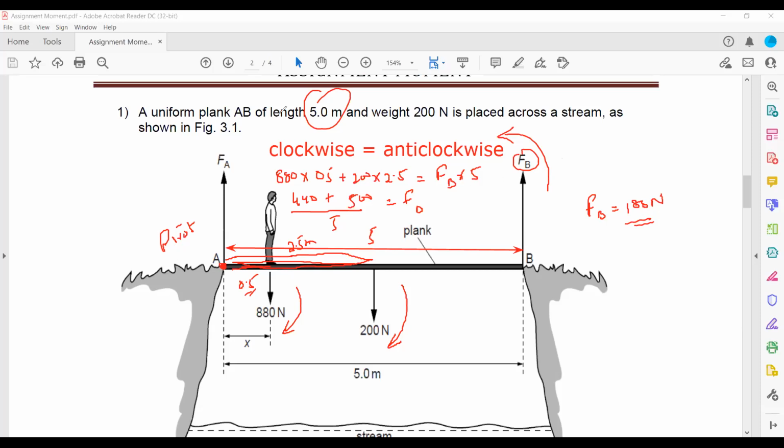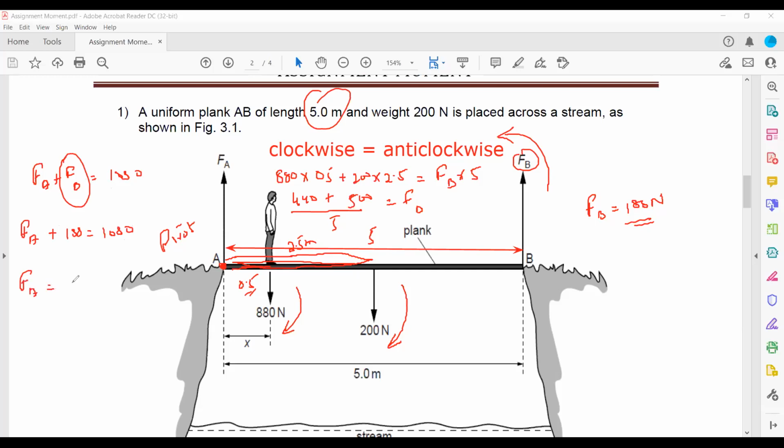Then how do we find FA? We know FA plus FB is equal to 1080. So we know FB, so FA plus this 188 is equal to 1080.